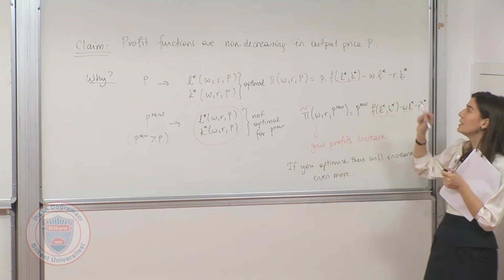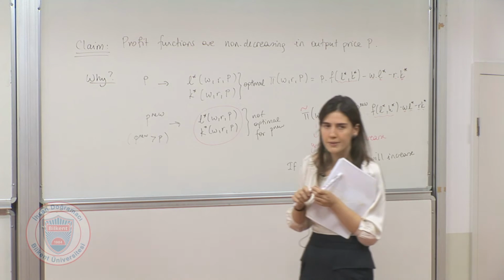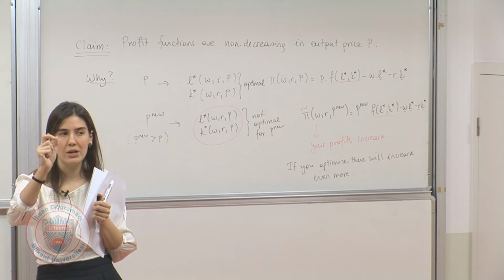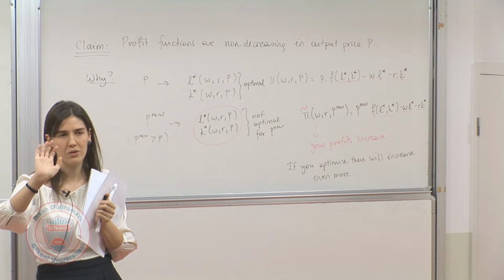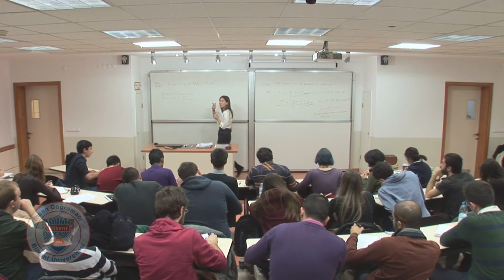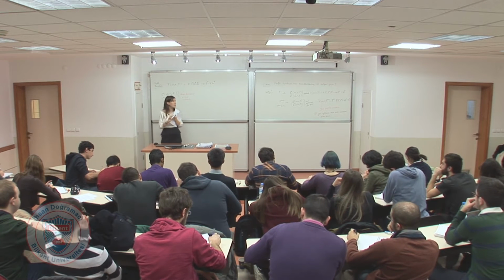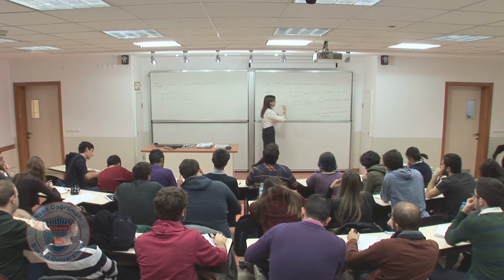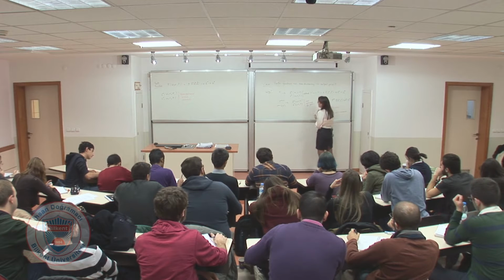So hence this claim is apparently correct. So just keep this in your mind. When price increases, profits increase, or they're not going to decrease, because it is going to help us when we consider the long run, okay? So it turns out that this claim is correct, okay?